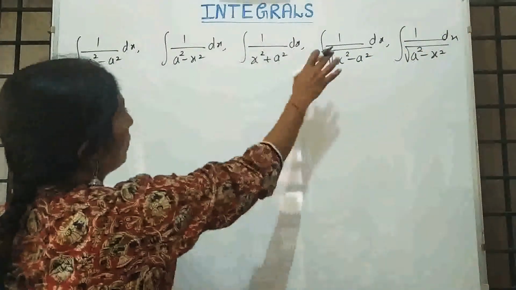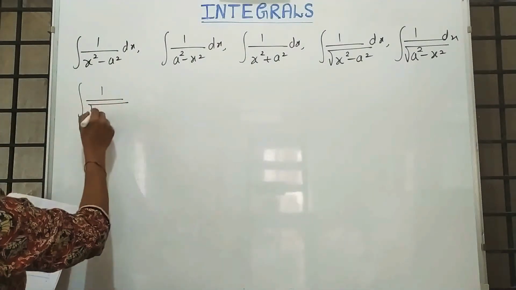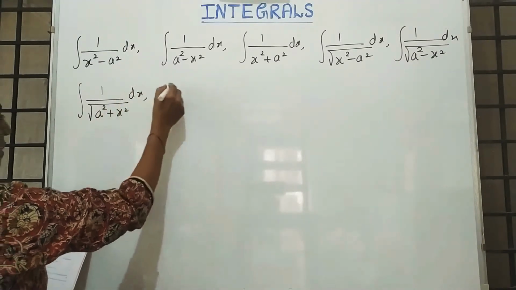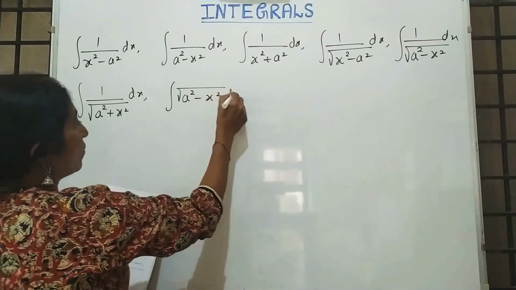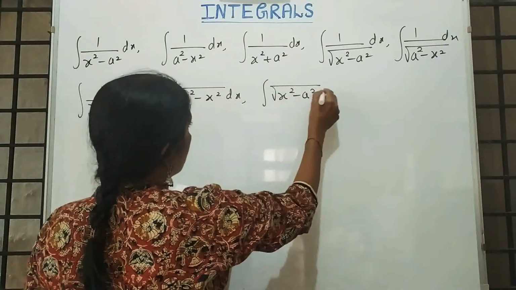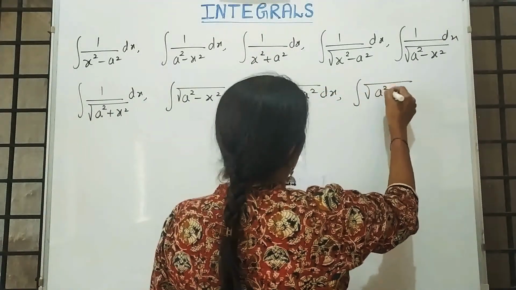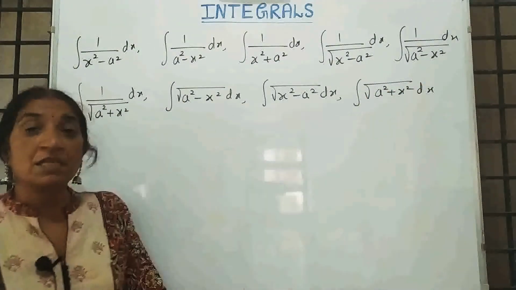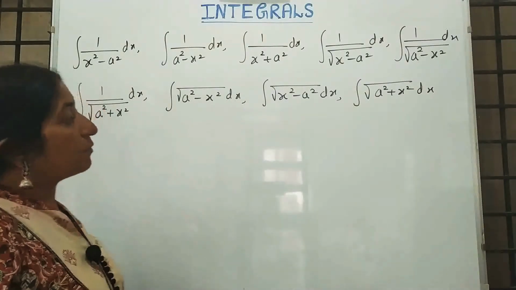So total it is 5. Sixth one is 1 upon root of a square plus x square, or x square plus a square, no change. Next, root of a square minus x square, root of x square minus a square, integration of root of a square plus x square. Out of these 9 derivations they can ask any one, and I will explain all the 9.